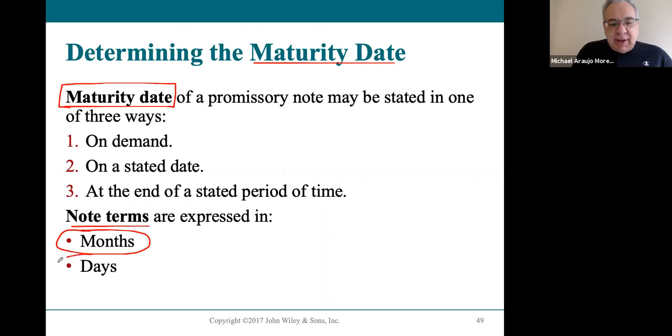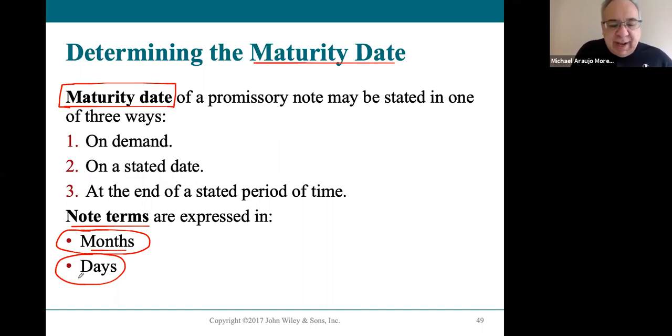However, there are notes that are listed in days. And that's important to know as well, because when you're looking at months, you're simply looking at months. If we made a loan today, April 7th, and it was for 2 months, then you just simply count 2 months, May, June 7th, it's due.